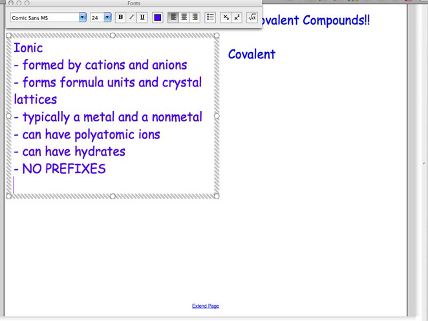We don't use the prefixes for this one. And also, we could add on here, we use ion sheets for these. I think that's about everything major that we talk about for this one.